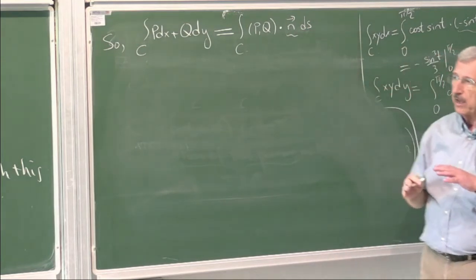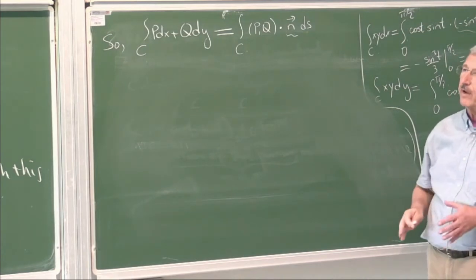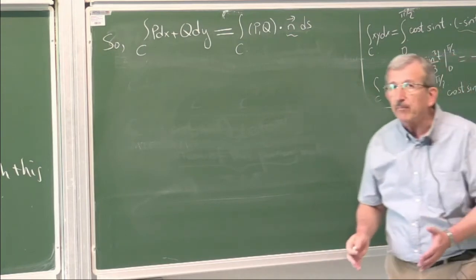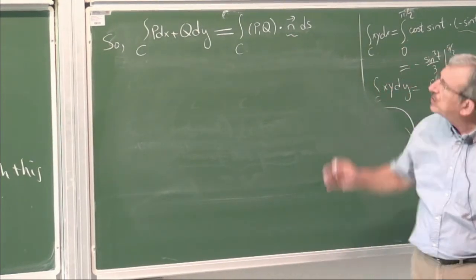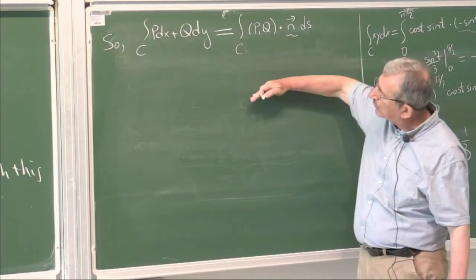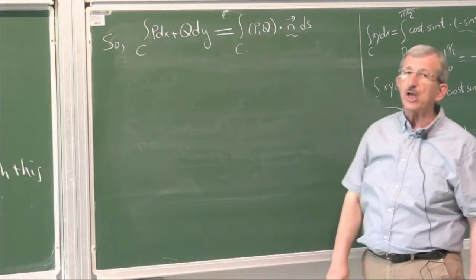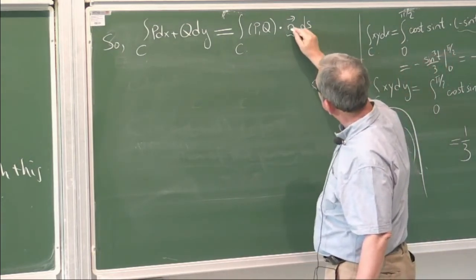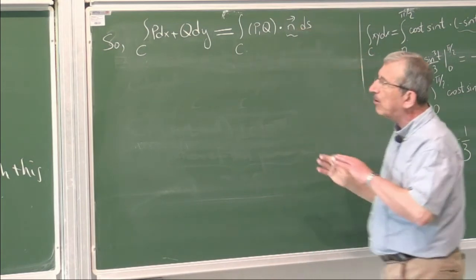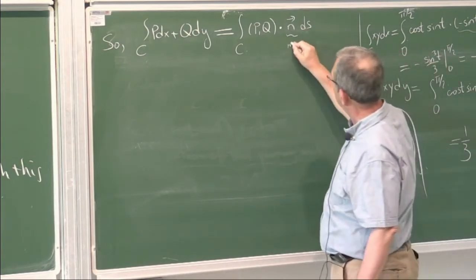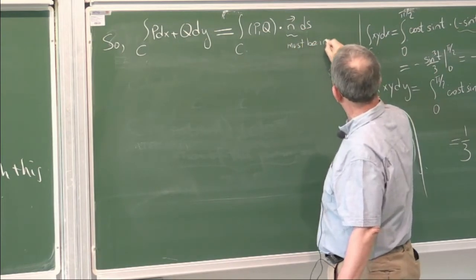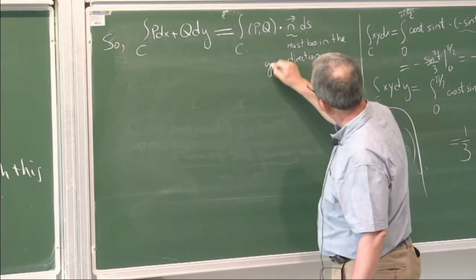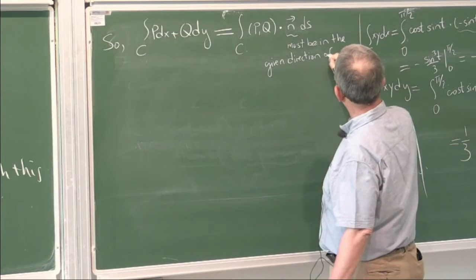Namely, n is a tangent vector, and this unit tangent vector is not showing positive components all the time. It can have negative components. It's changing all the time on the curve. When the curve changes its tangent, it always changes its direction. So this is important. It must be in the direction of C. Actually, the given direction of C.